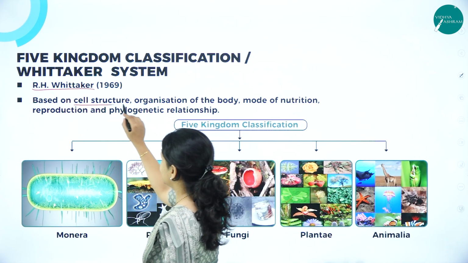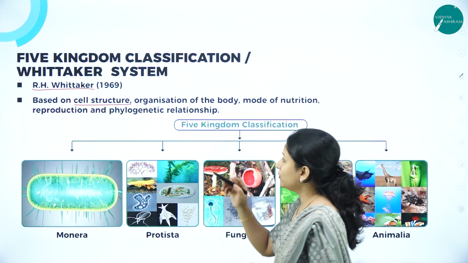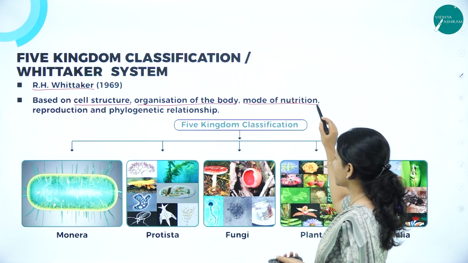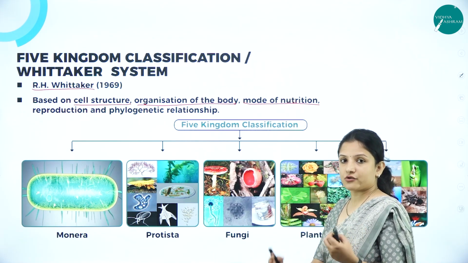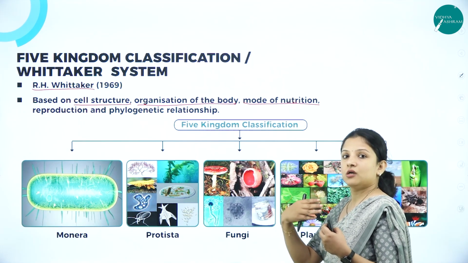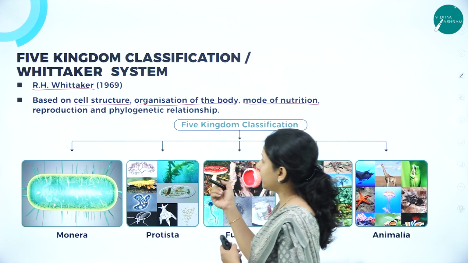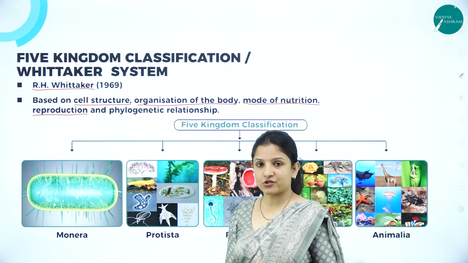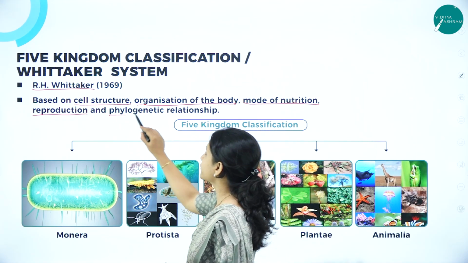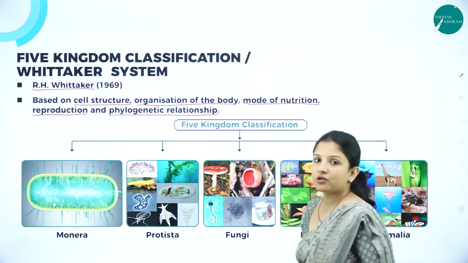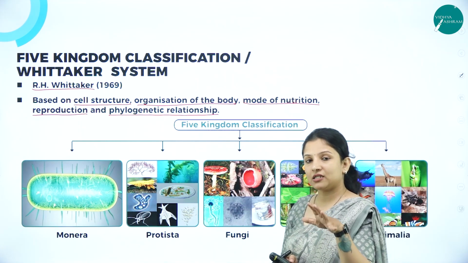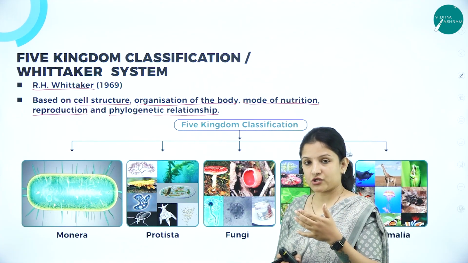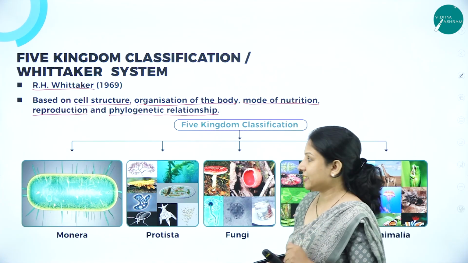He considered the structure of the cell and how the body is organized, and what their mode of nutrition is, like whether it is autotrophic, heterotrophic, saprophytic, parasitic, chemosynthetic, photosynthetic, and how they reproduce, either by vegetative, sexual or asexual method, and their phylogenetic relationship, that is what similarity they hold with other organisms. So, phylogenetic relationship or evolutionary relationship.